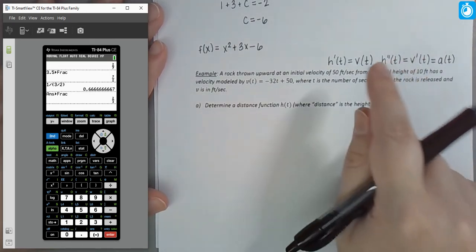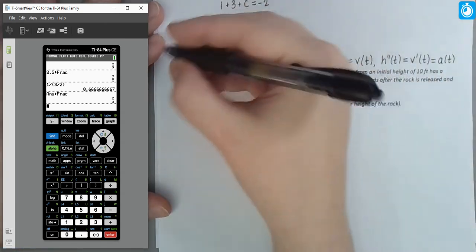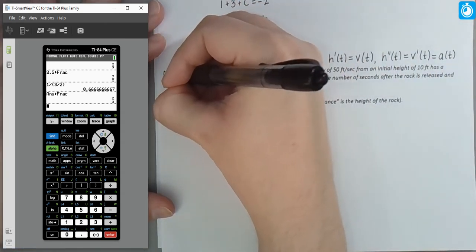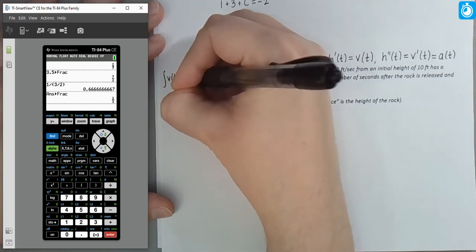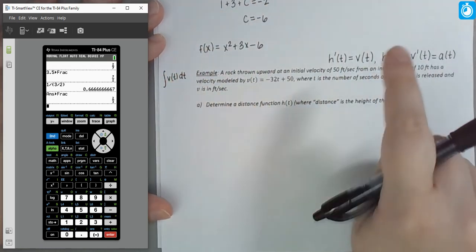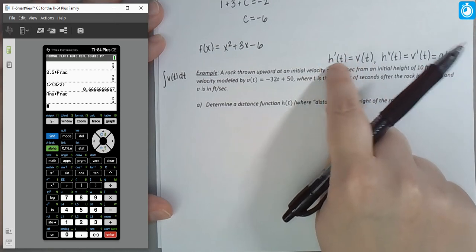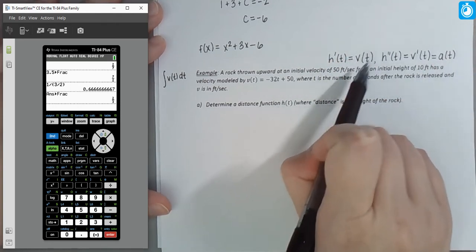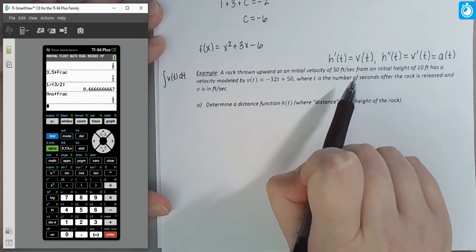So in other words, if we have a velocity function, for instance, if we were to anti-differentiate a velocity function with respect to t, well, the velocity function is defined as the derivative of our position function. So we're saying this is a derivative. What function did it come from?